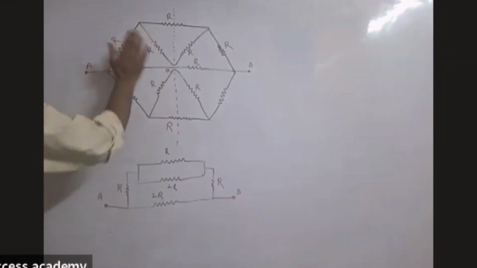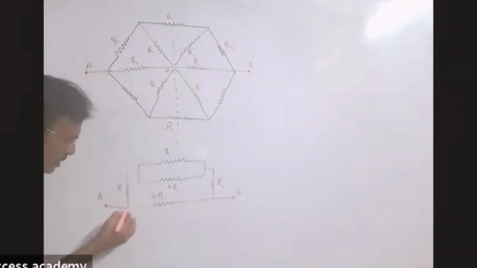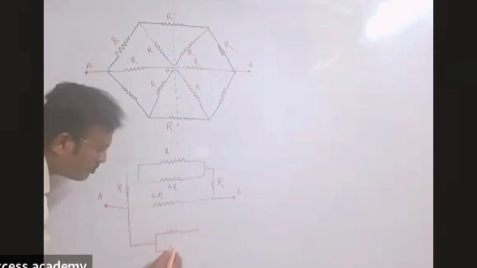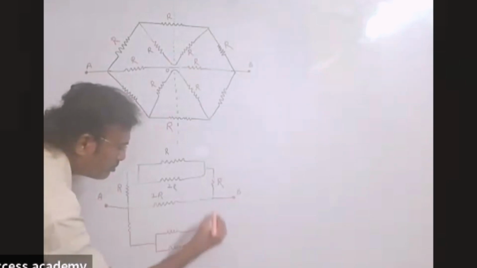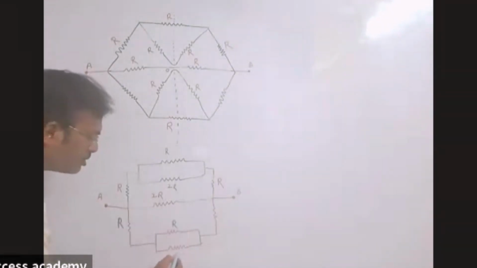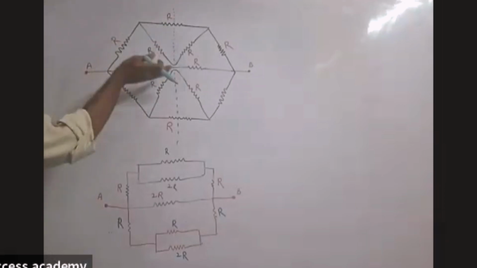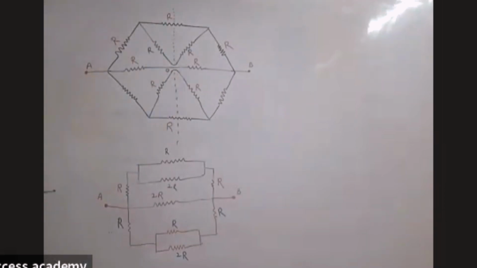Whatever symmetric concept is present in the upward part, the same symmetric concept is in the downward part. So this is R, and this is again R. This is 2R and this is R. This is R. The same consideration can be followed for the upward part as well as the downward part.